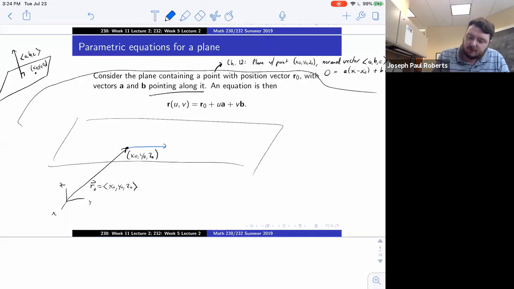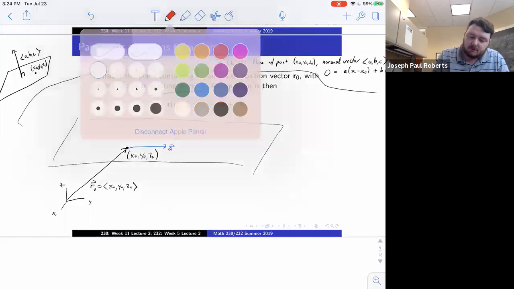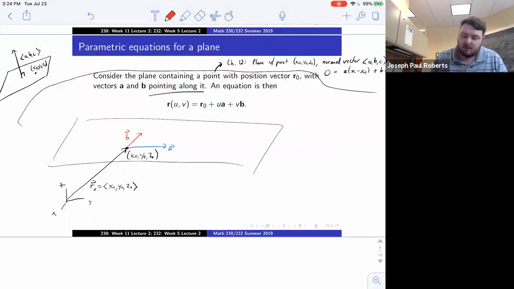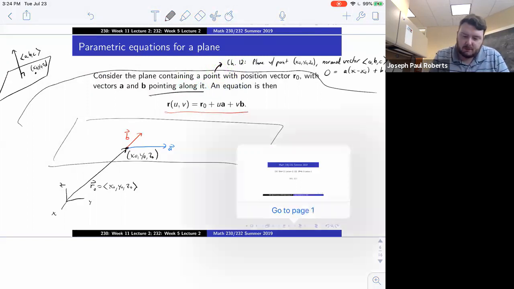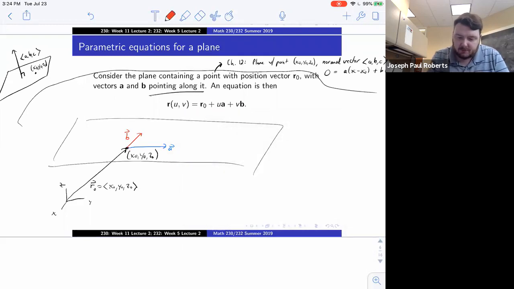And I know that vector A and vector B point along the plane. So what you want to think of this equation as representing is: take your position vector R naught. Maybe I'll draw vector B so that it doesn't look parallel to R naught. Something like that. The idea is that by adding any multiple of vector A, then any multiple of vector B, that'll get you to some other point on this plane.